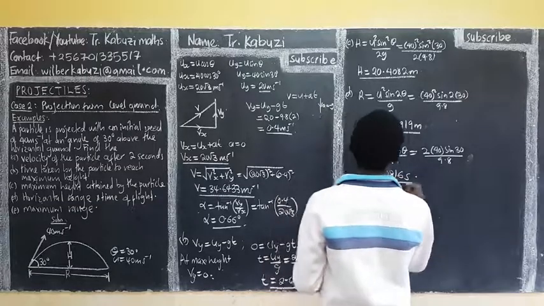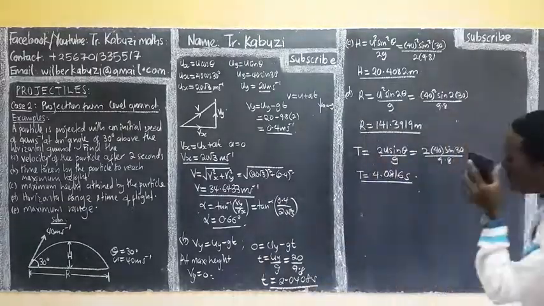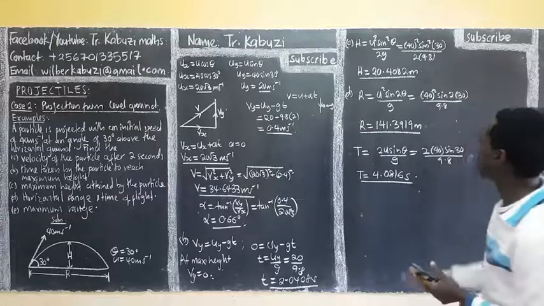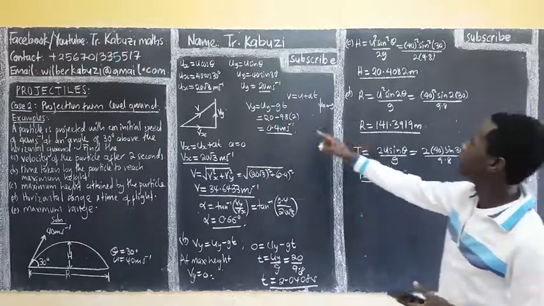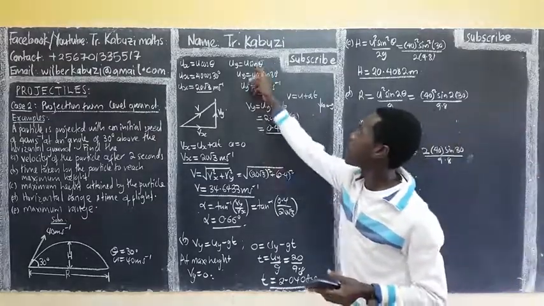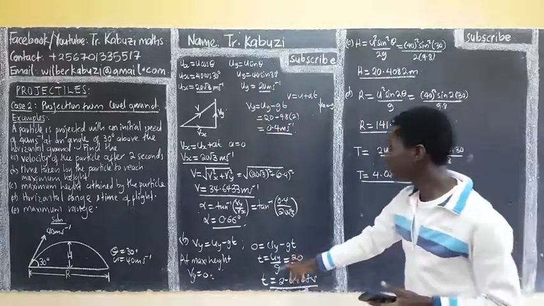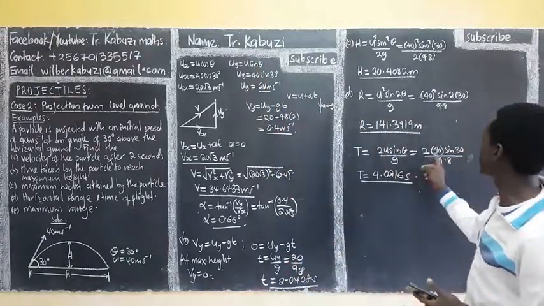This time of flight is always twice the time to maximum height. In simple terms, whenever they ask for your time of flight, you just multiply the time we used before by 2, because that one is u sin theta over g.